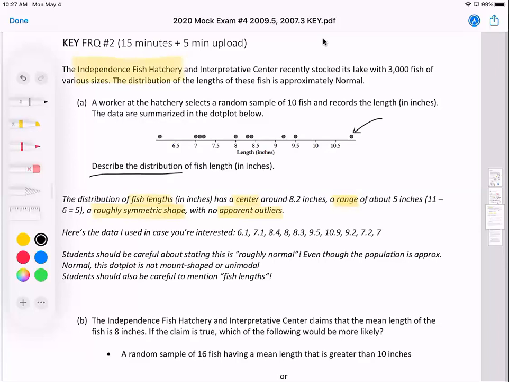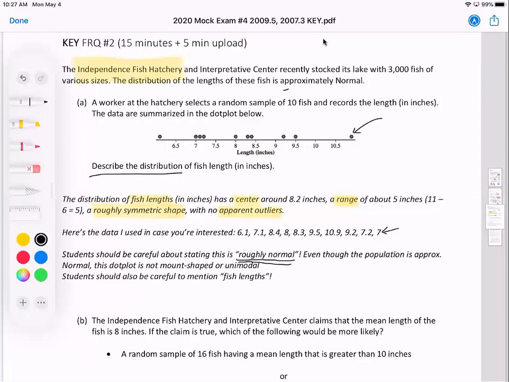I included the data here if you're really interested, but you probably wouldn't be provided the data on the AP exam. And I make a couple notes. Be careful about saying that it's roughly normal. We're used to talking about a roughly normal shape.